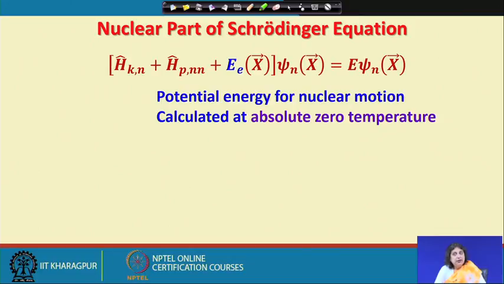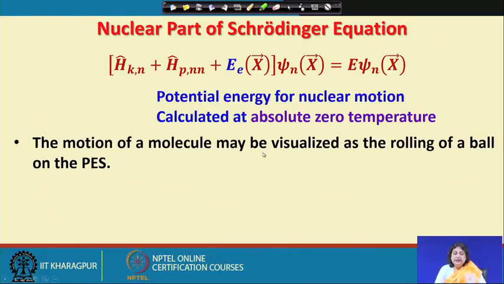But please remember, there is no temperature in the Schrodinger equation. Therefore, whatever I have solved here has been calculated at T equal to 0 Kelvin. So, in the Schrodinger equation, we are solving for the microscopic description of the system at T equal to 0 Kelvin. Therefore, the potential energy surface that I get is a valid description of the interaction between the different parts of the molecules at 0 Kelvin.